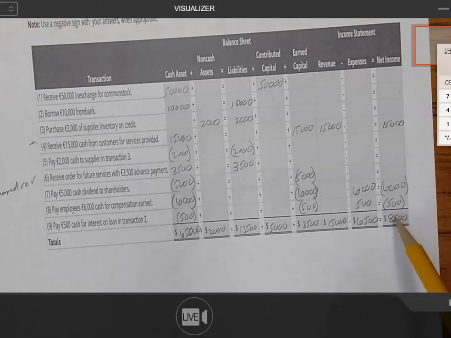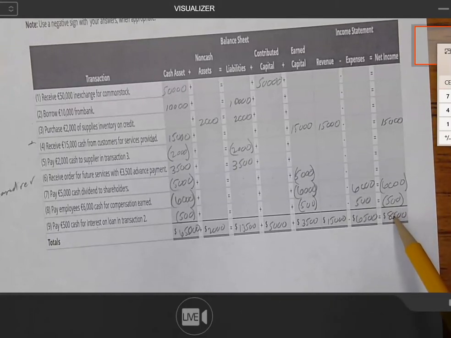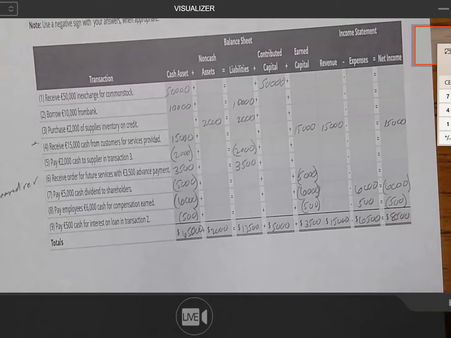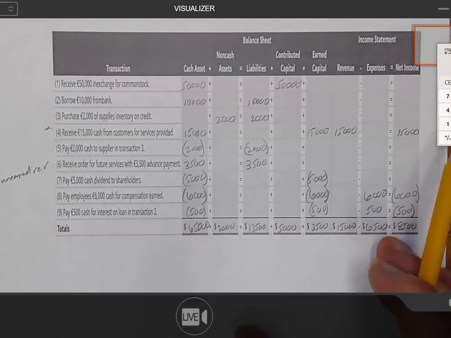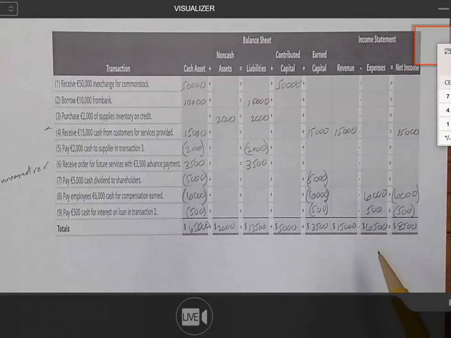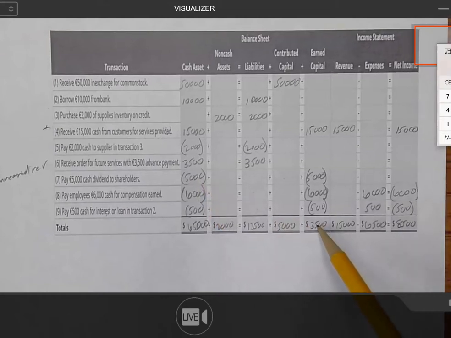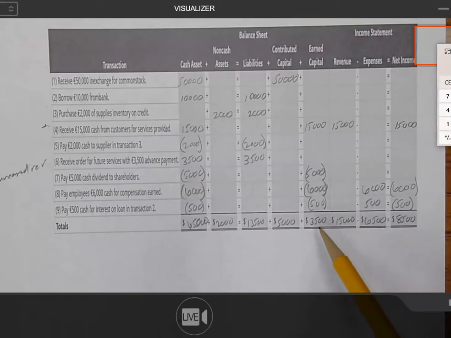We had $8,500 in net income, okay, and that $8,500 flowed into the statement of retained earnings, and then we subtracted out 5,000 of that because we're paying it to owners or shareholders, and then the remaining 3,500 is what's left, or is what is said to be retained by the business, and so then that would flow over to retained earnings on the balance sheet.